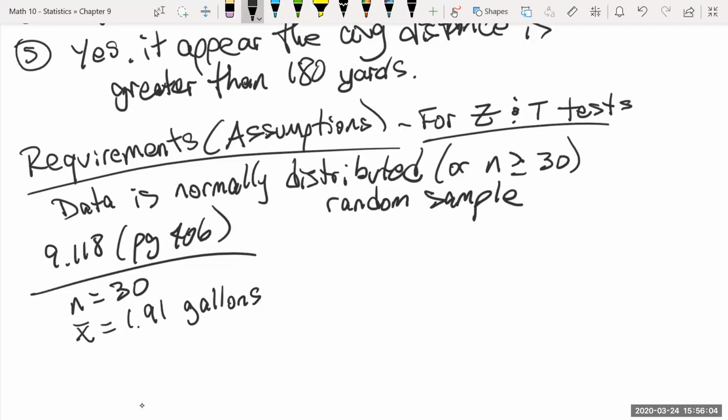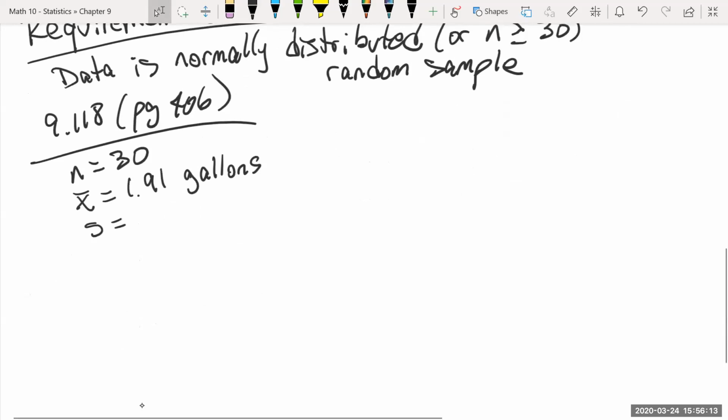They said standard deviation right in the same sentence as a sample of 30 dirt bikes. So that standard deviation is s, not sigma, which is important because that means it's going to be a t test, not a z test. Even though they gave us the standard deviation this time, they told us it was from the sample, so this is the sample standard deviation, 0.74 gallons.